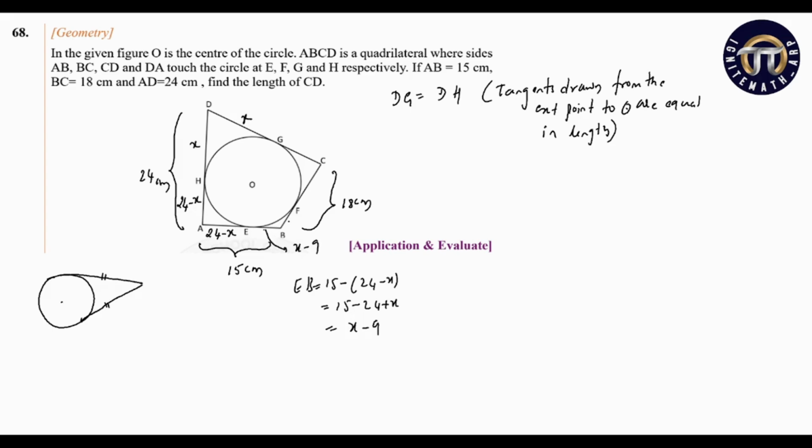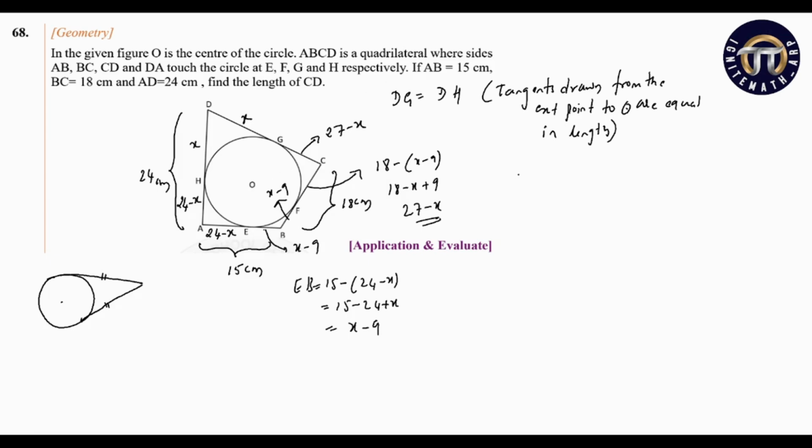If EB is X minus 9, then I'll get FB also X minus 9. So then FC will be what, children? It is 18 minus (X minus 9), that is 18 minus X plus 9. So I'll get it as 27 minus X. If CF is 27 minus X, then GC will be 27 minus X. Clear, children?